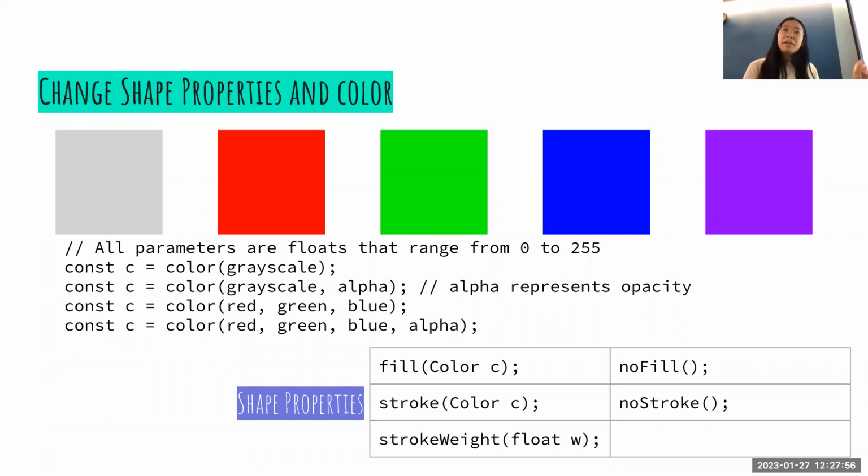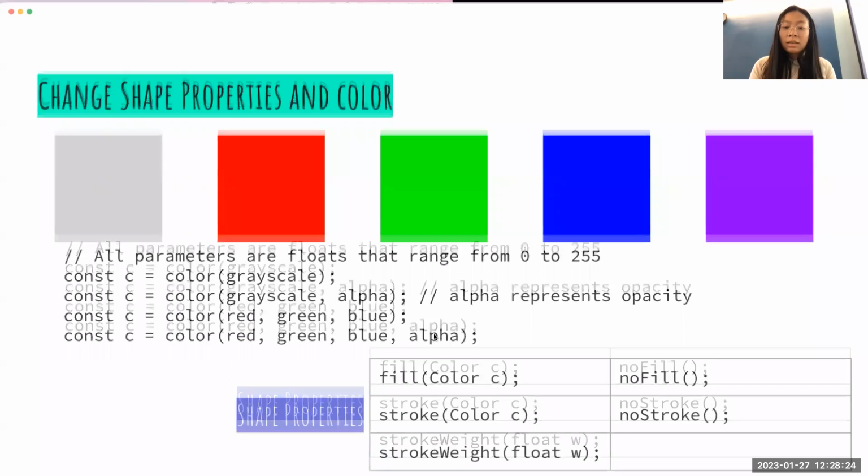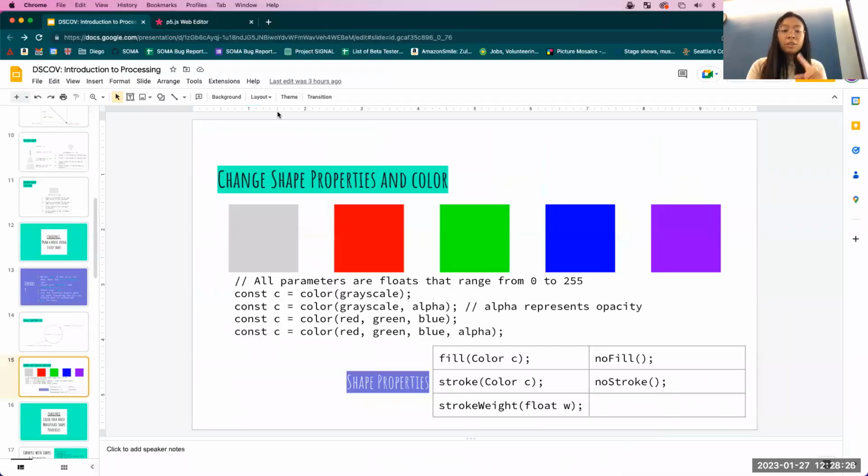If you only had one parameter, the colors will go from 0 to 255, and that will be in grayscale. With 2 parameters, the second parameter is like an alpha of opacity, which will also go from 0 to 255. What we're mainly going to use is RGB values. So let's color our house a little bit. Let's take a look at some functions to help with that.